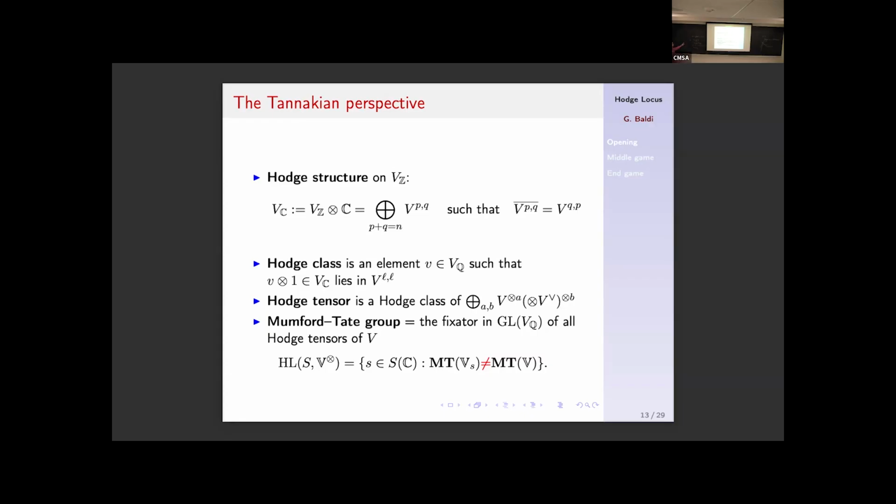So if you pick a point at random, you will have as many symmetries as the global system, but other points can appear to have more symmetries. And we are interested in studying the locus where more symmetries show up.